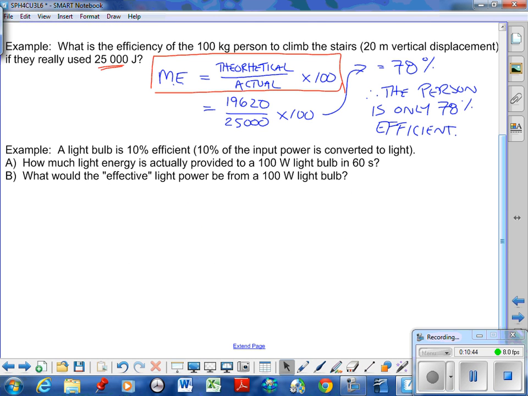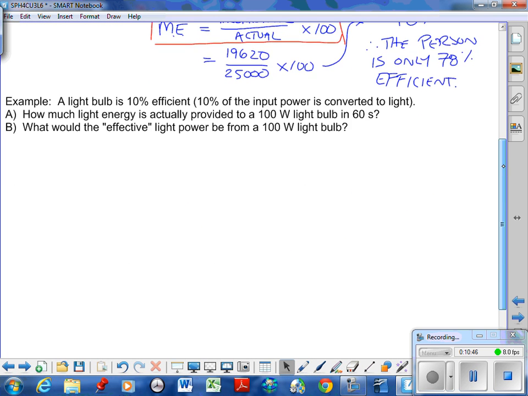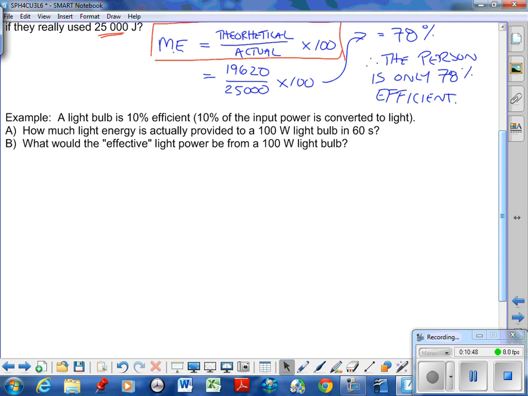I'm talking about light bulbs. A light bulb is 10% efficient. That's the old light bulbs, the incandescent light bulbs. Part A: how much light energy is actually provided by a 100-watt bulb in 60 seconds?